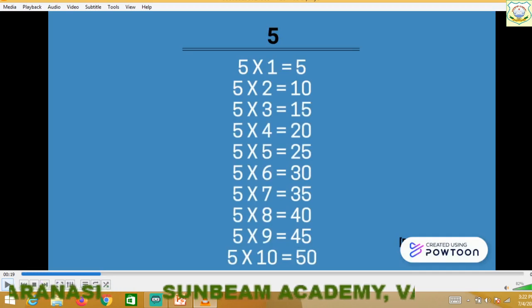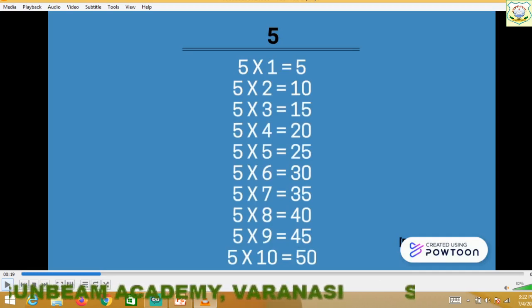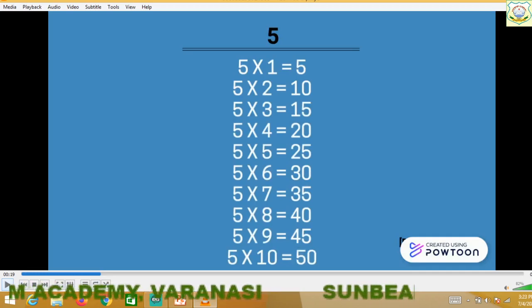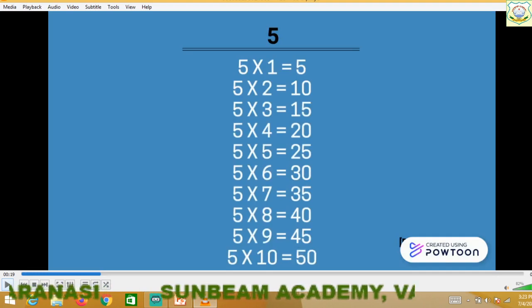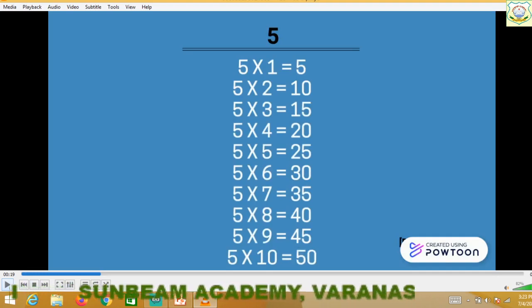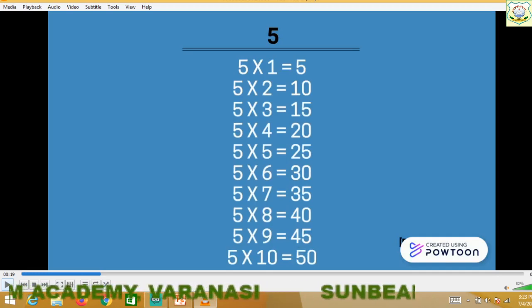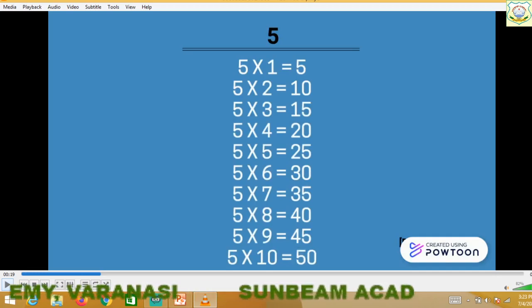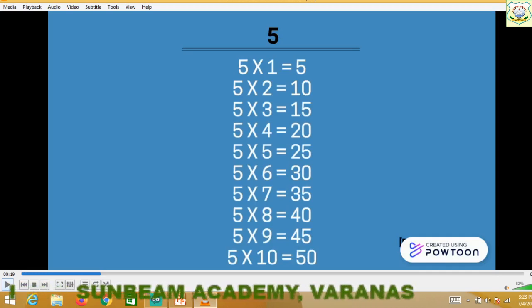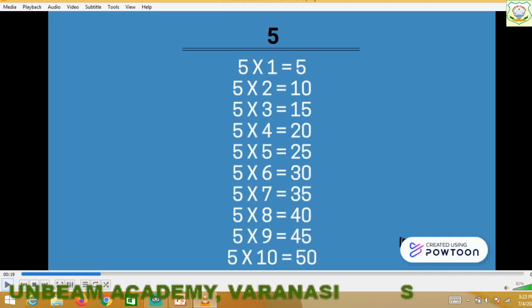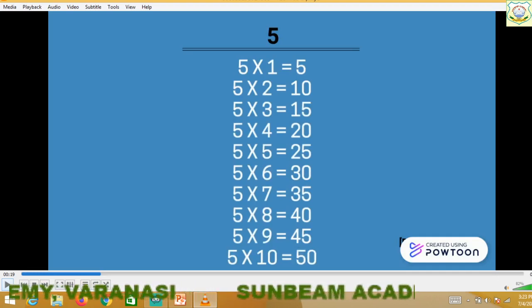Okay, so 5 ones are 5, 5 twos are 10, 5 threes are 15, 5 fours are 20, 5 fives are 25, 5 sixes are 30, 5 sevens are 35, 5 eights are 40, 5 nines are 45, and 5 tens are 50. Okay. So revise it once again, everyone.